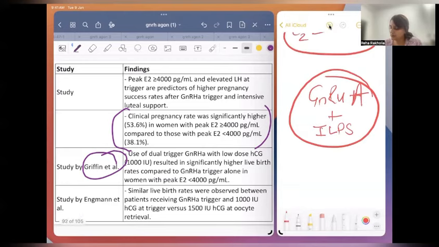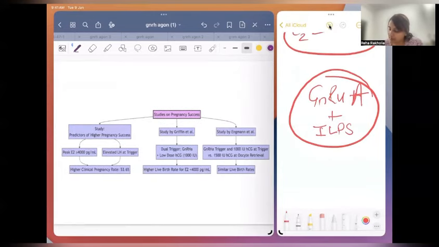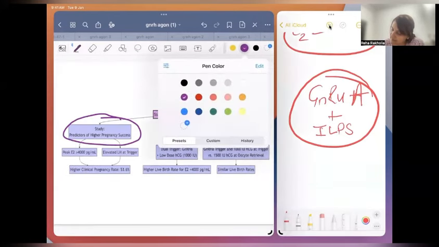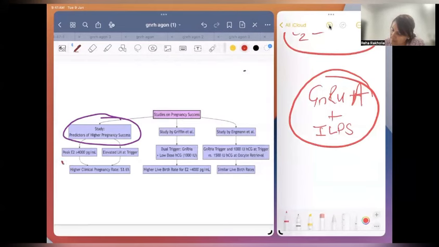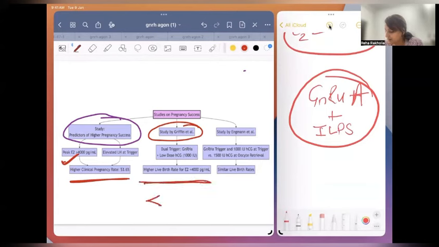Now, see here also it is told that a predictor of high pregnancy rate is peak E2 level greater than 4,000 picogram per ml and elevated LH, high clinical pregnancy rate. And Griffin et al. saw when dual trigger GnRH agonist plus HCG was given, there was high live birth rate if estradiol level was less than 4,000, because here HCG was added.